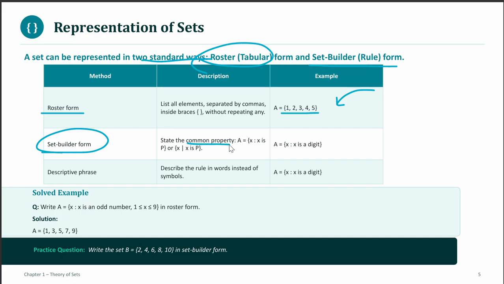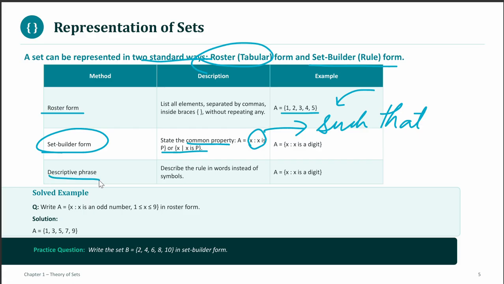For example, A is equal to {x : x is P}. The colon right here basically refers to "such that", so when you're reading it, you may say "such that" instead of the colon. A is equal to {x : x is a digit}, right?